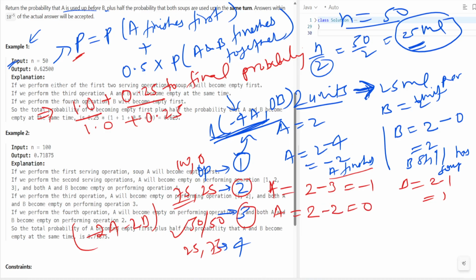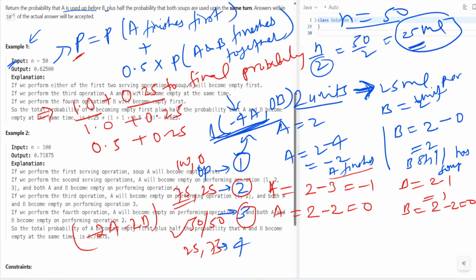Still it is finishing. Let's talk about B. B is 2 minus 2, it is 0. Both finish together, so this time it will become 0.5 contribution plus 0.25 contribution. So total it will become 1.25.